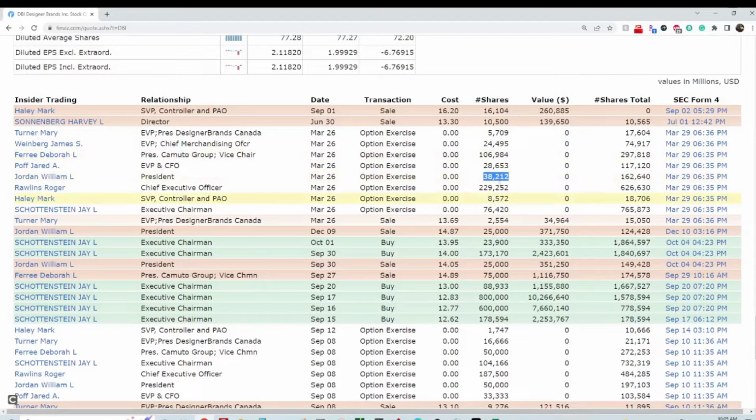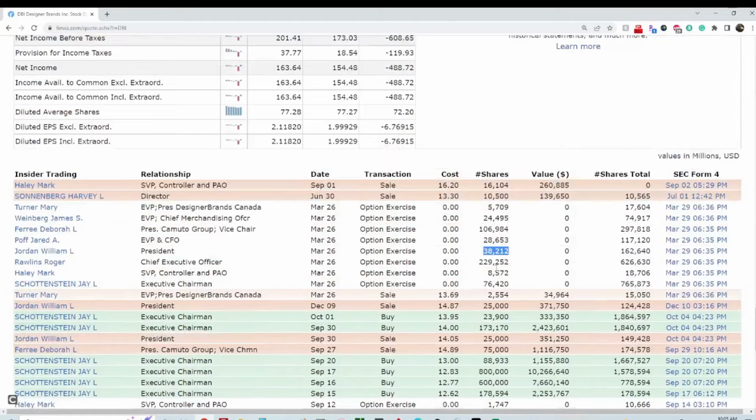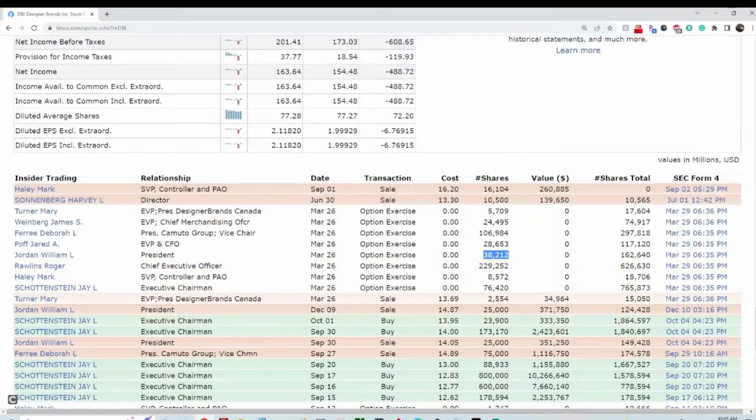So about double. So good for her. Jay Schottenstein is receiving 76,000 again. He's been buying, so that's fine there. If we look down here, Mary Turner sold 9,200 and looks like she got about 16,000 down here. So again, nothing is calling as a red flag right now, in my opinion.